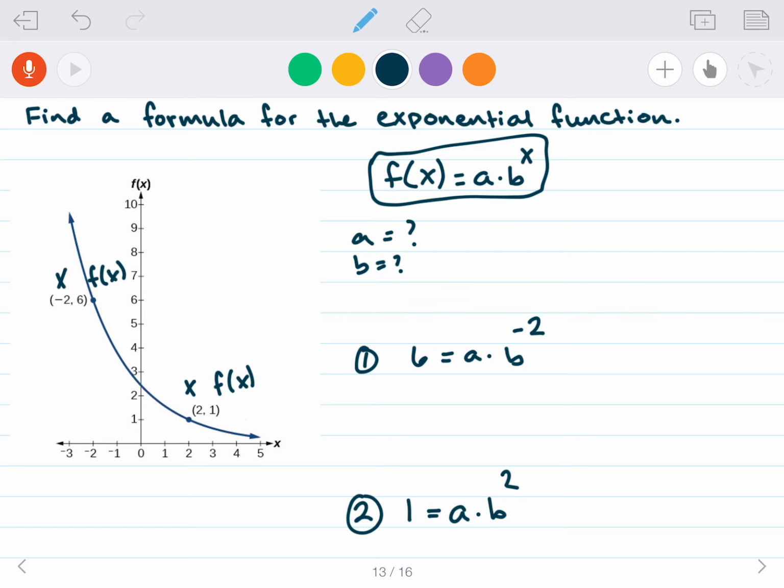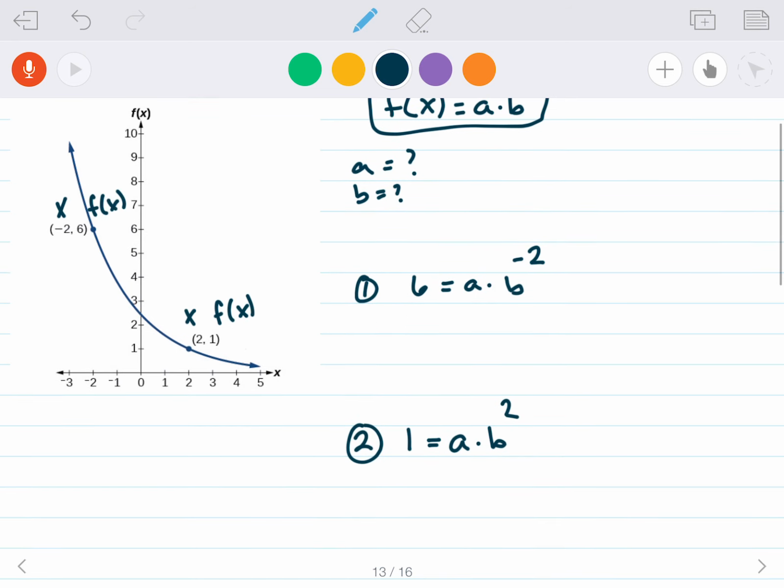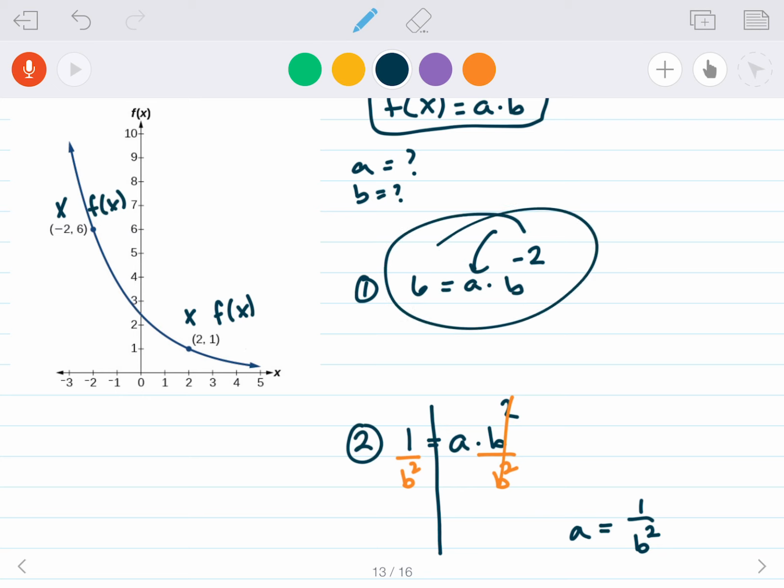Okay? So if I use equation 2 to isolate a, I can do that by dividing both sides by b squared, and I get that a is equal to 1 over b squared. Now, because I know what a is in terms of b, I can plug that into the first equation so that I can get everything in terms of b. That way I can get a number for b.